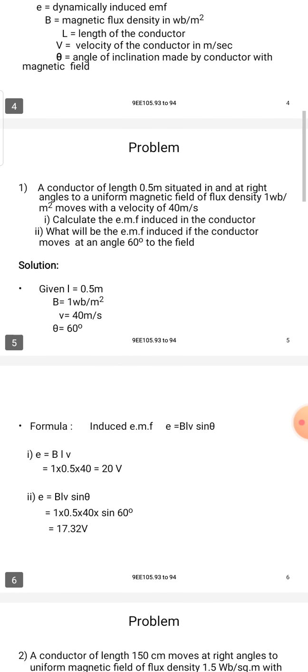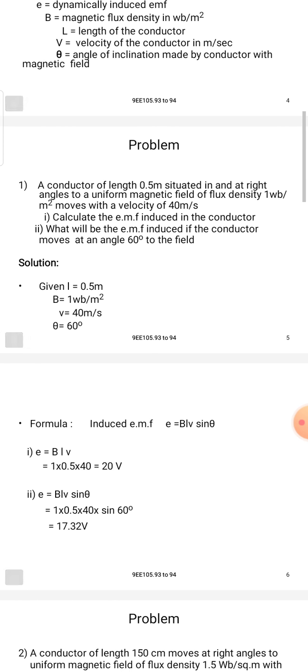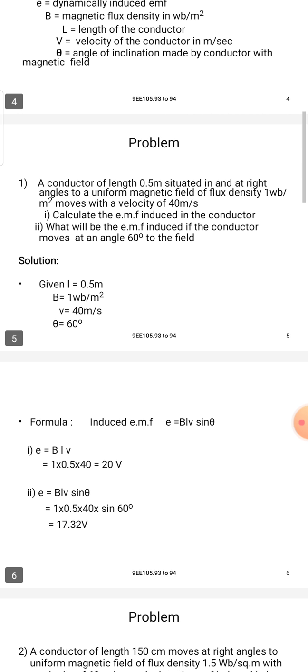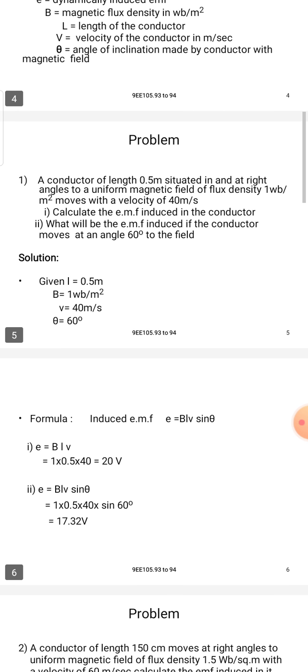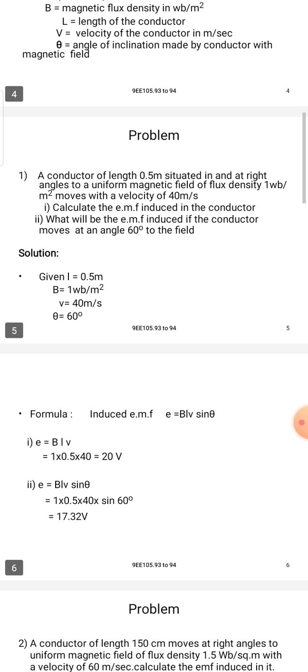Now a simple problem on dynamically induced EMF. You should practice these problems using the simple formula E equals B L V sin theta.